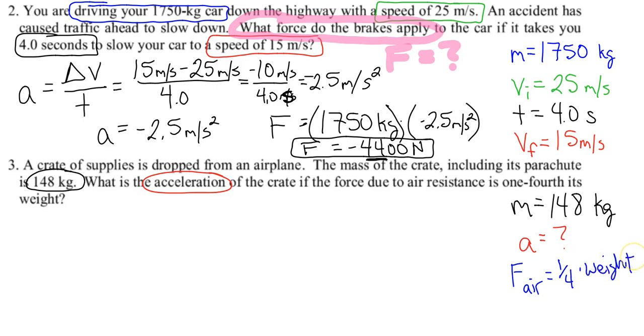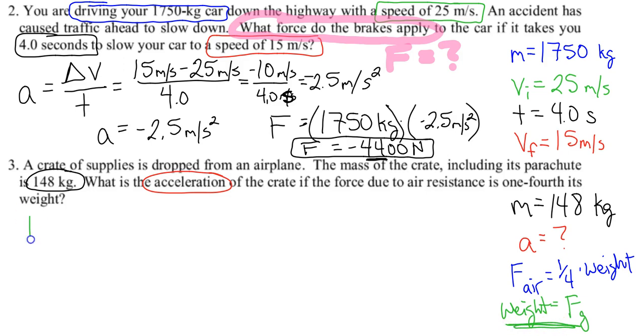So we need to remember here that weight is the same as the force of gravity. So force of gravity is equal to weight. So that's the first thing that we need to figure out, what is the force of gravity acting on this.